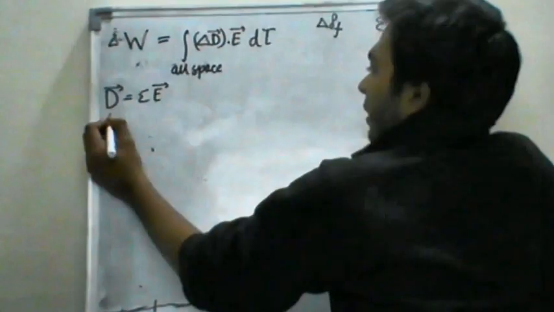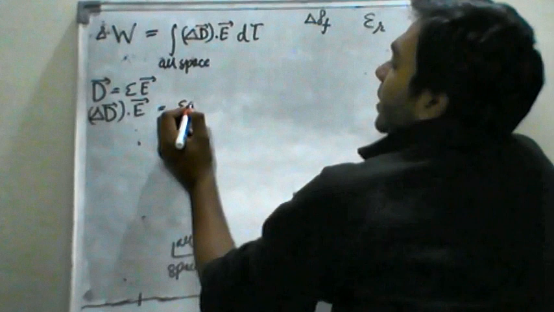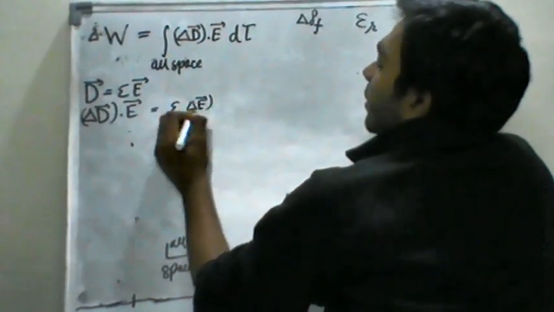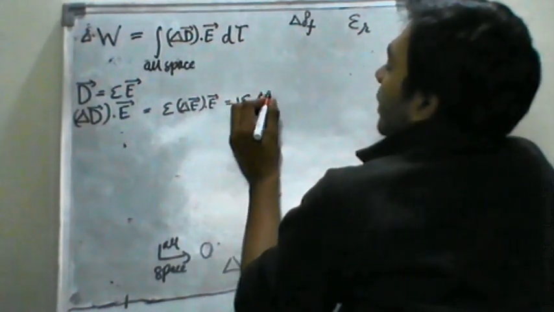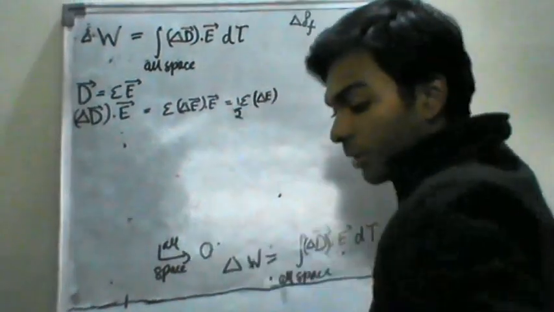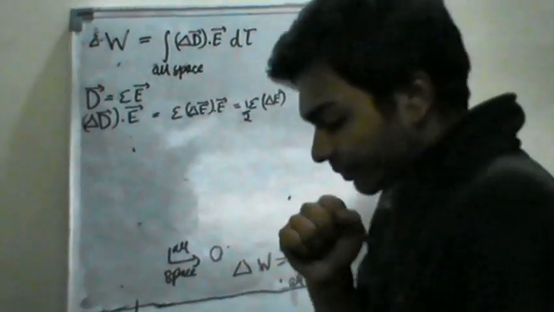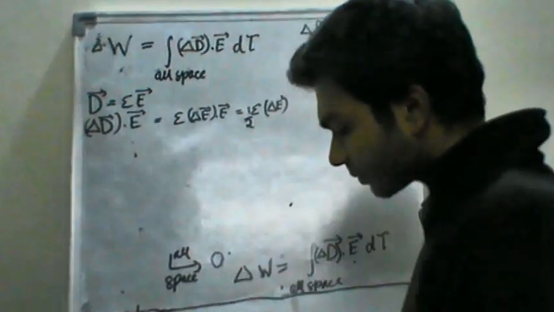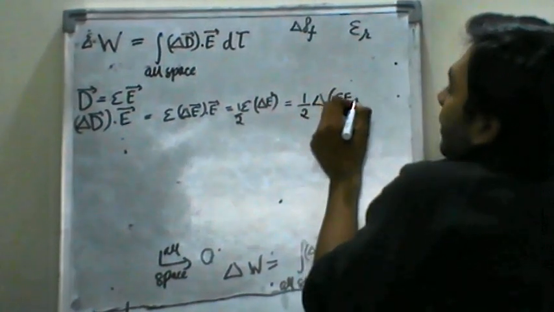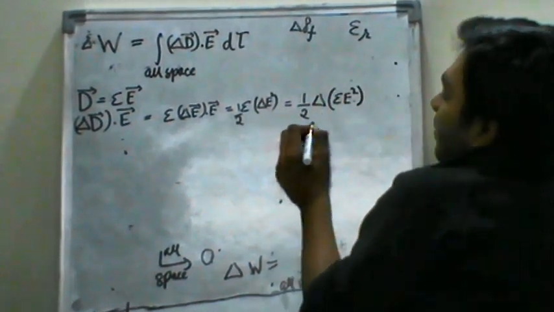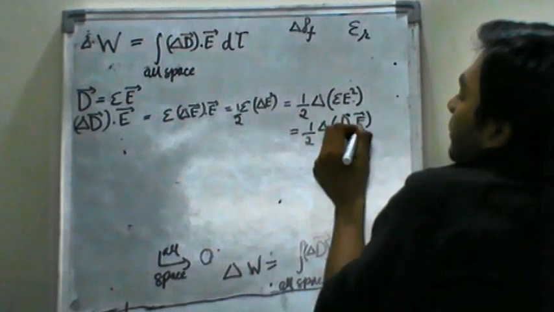So we can write delta D dot E as epsilon delta E dot E, which is equal to half epsilon delta of E square, which is half delta of epsilon E square, which can be written as half delta of D dot E. Agreed?